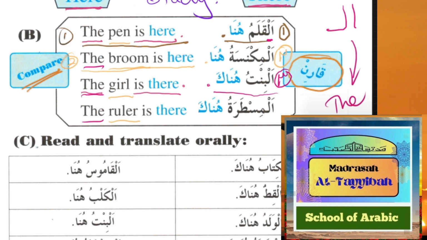The girl is there. هناك, there. البنت هناك, the girl is there. And number 4, أربعة. المسطرة هناك. 4, the ruler is there. المسطرة هناك, the ruler is there.